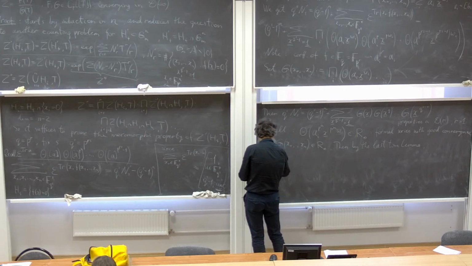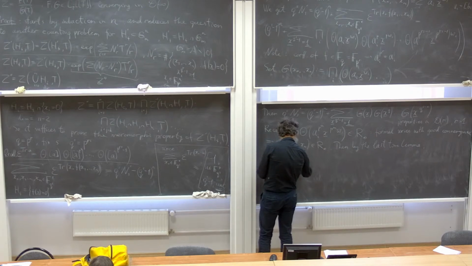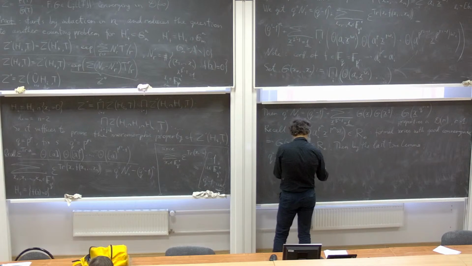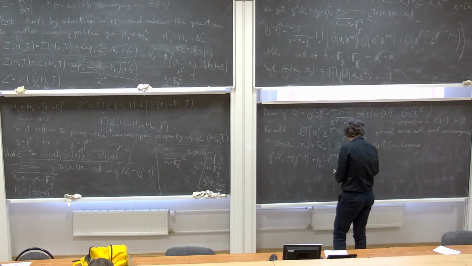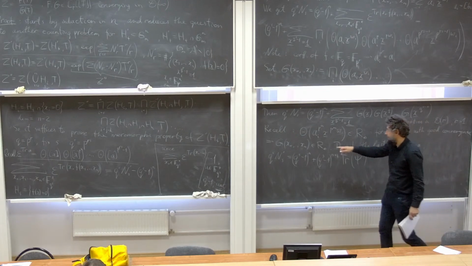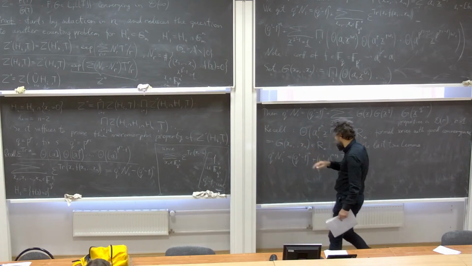Namely, we conclude that what we're counting is just the trace of the psi to the power s operator, and psi was some composition of multiplication by g and, say, Frobenius rotation by q.